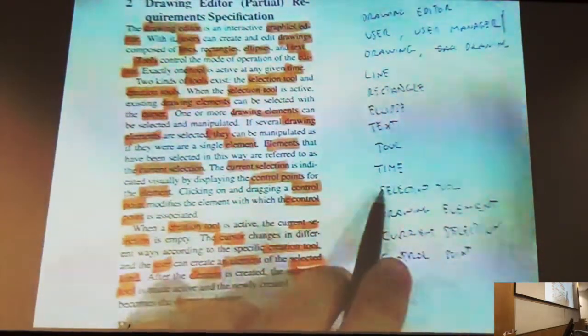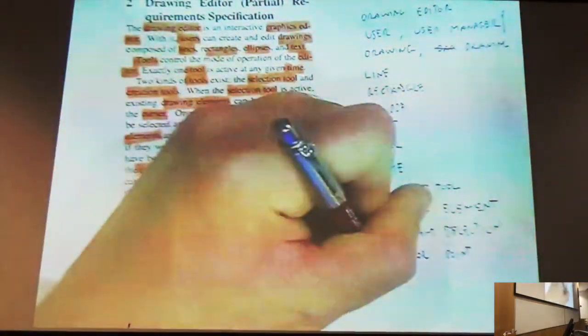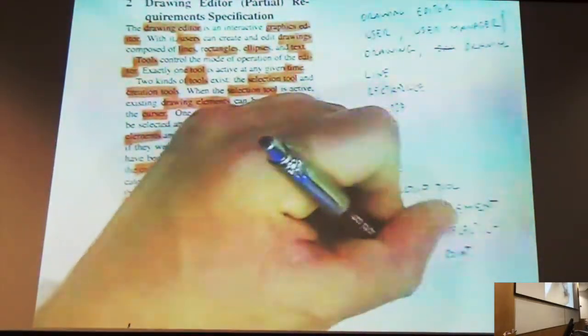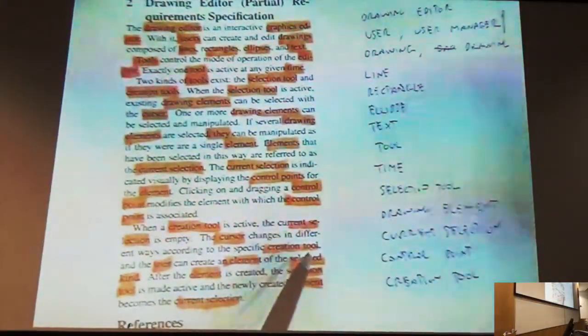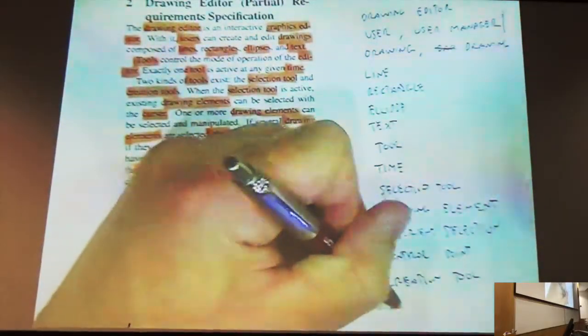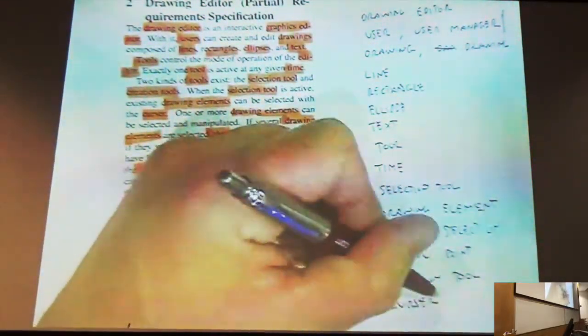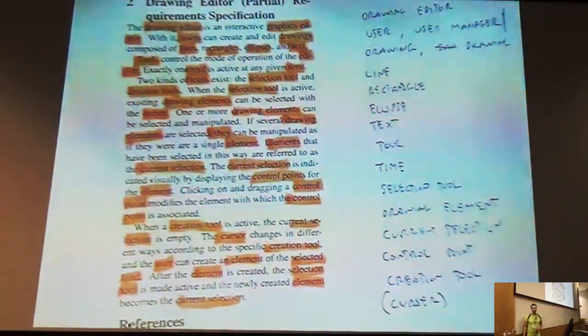So we have selection tool, but we don't have creation tool yet. Okay, creation tool. Current selection we already have. Cursor. Now, I'm going to put that one in brackets. Anybody know why? There is already a Java cursor class, pretty sure.